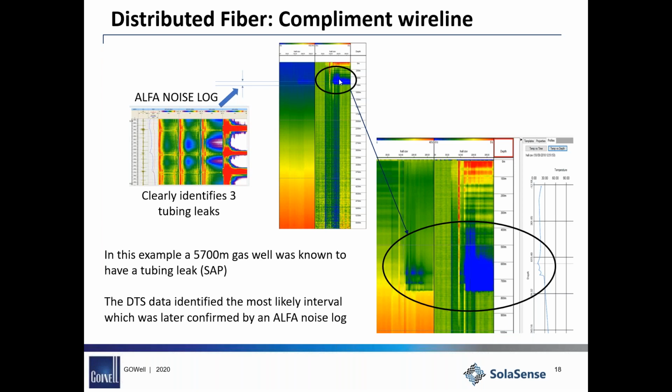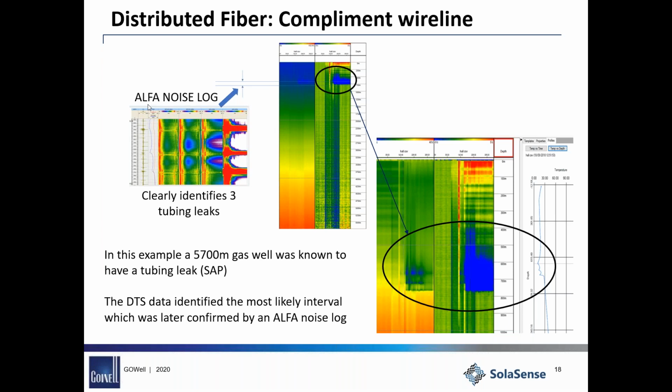If you look at the middle figure, there's a little blue area indicating that there's something going on at that particular depth. And that allowed the targeting of that particular interval, quite a compact interval, with a specific noise log on wireline to try and tease out the detail.